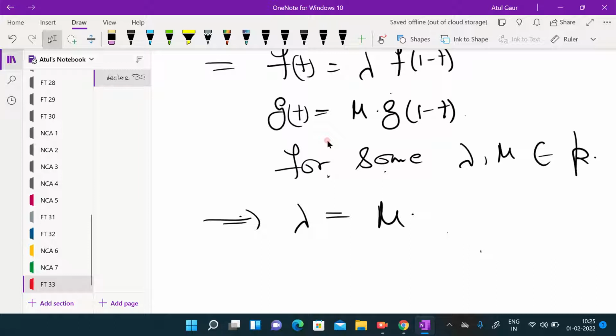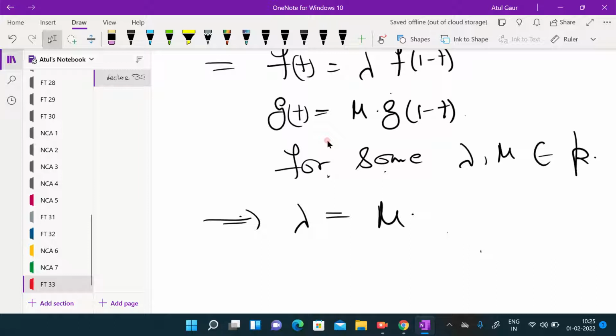And I am working over a field of characteristic 0, so alpha cannot be equal to 1 minus alpha, right? So this means roots are occurring in pairs.